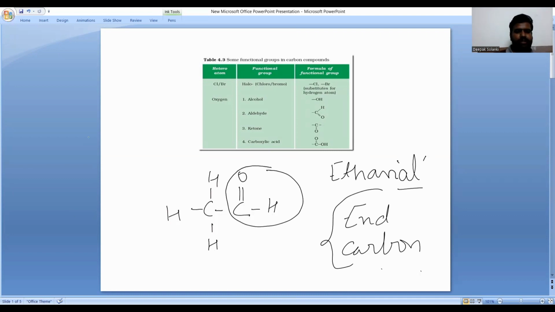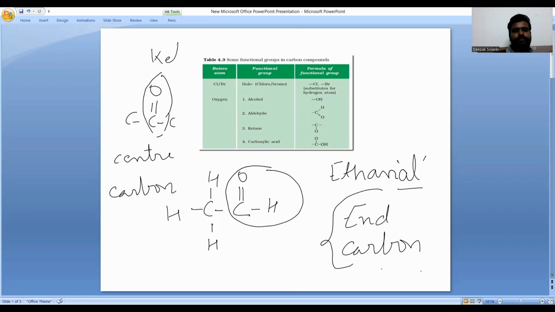Next one, I am taking C, single bond C, single bond C, double bond O. Now you can see in the center carbon, there is a double bond. So this is ketone. And what will be the name? 3 carbons are there.